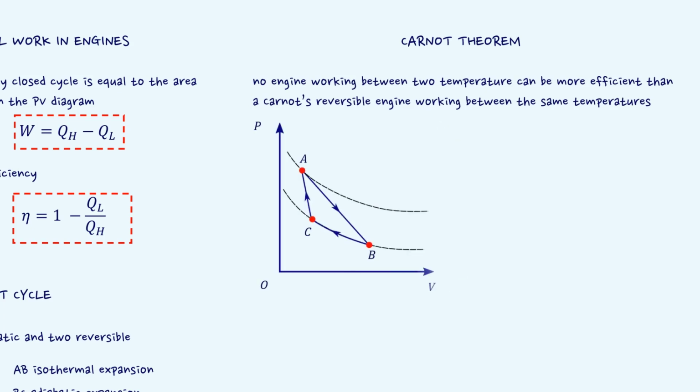From point A, the gas expands along the line AB, neither an adiabatic nor an isothermal path. As temperature decreases from TH to TL, this is followed by an isothermal compression to point C, and then adiabatic compression, which returns the system to starting point A.